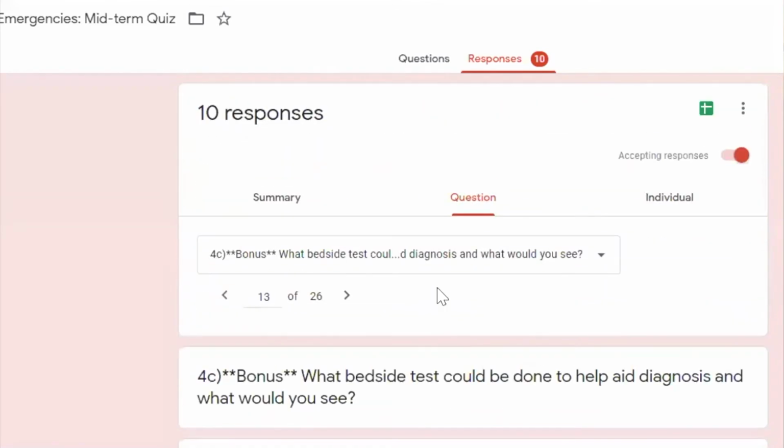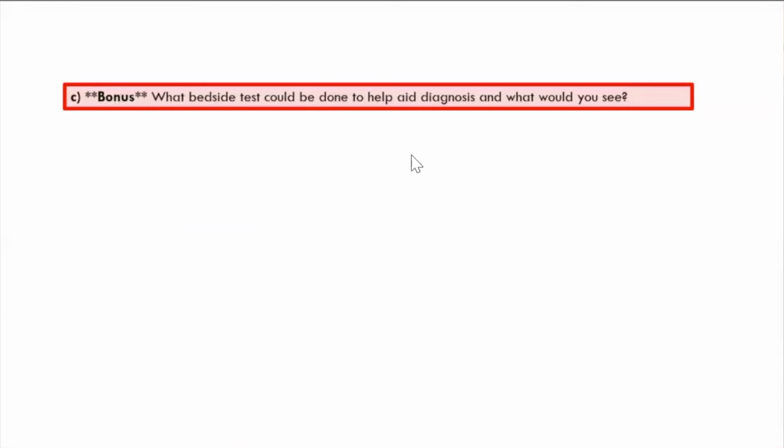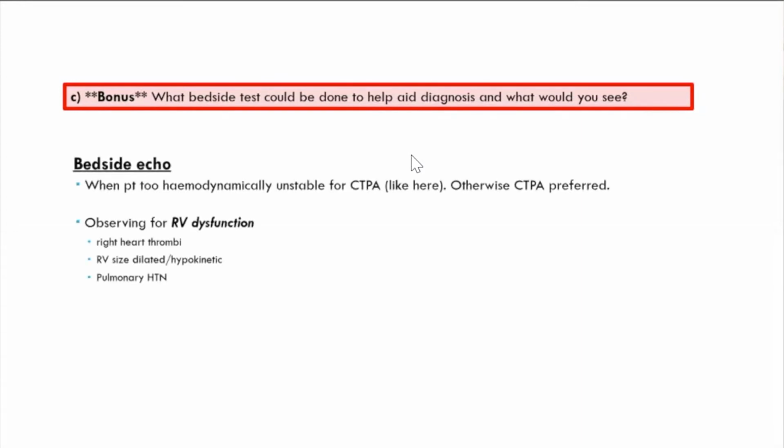So the answer that I was looking for is actually none of those things. All of your suggestions were very reasonable, but in the context of someone that is hemodynamically unstable, that's decompensated, who we think has had a massive PE, you would do a bedside echocardiogram.